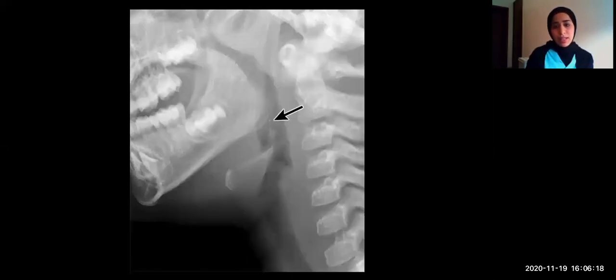This is a lateral radiograph of the neck of a pediatric patient. As we stated earlier, this is the epiglottis, at the level of the hyoid bone. In the pediatric age group, you rarely see the cartilaginous thyroid or cricoid cartilage. So the only radio-opaque thing you may see is the hyoid bone.